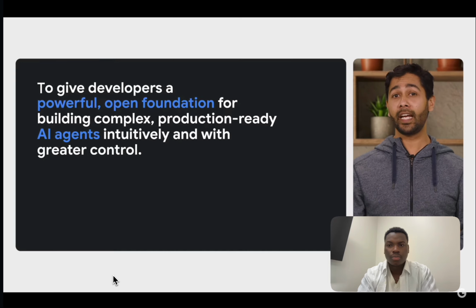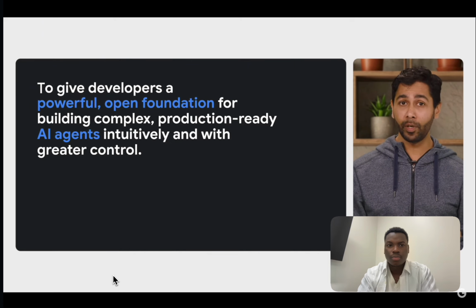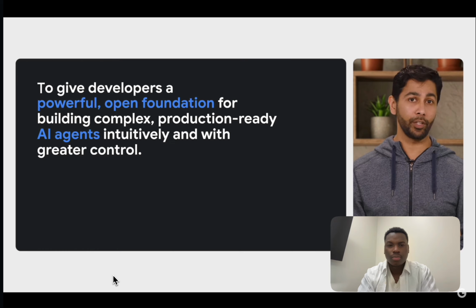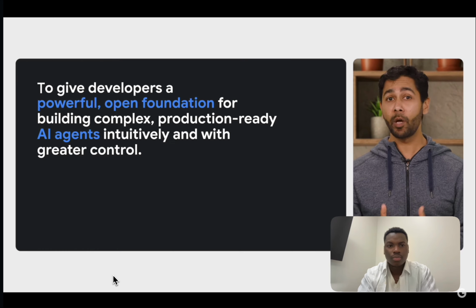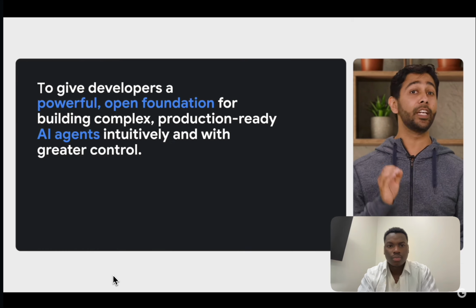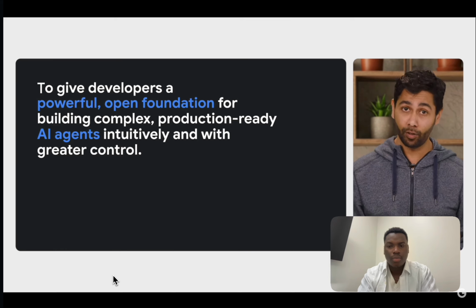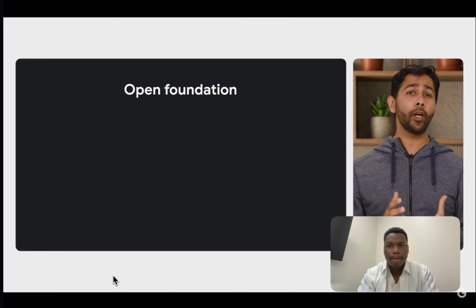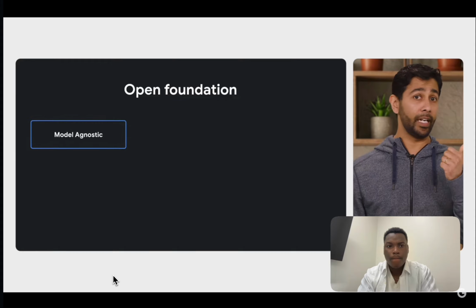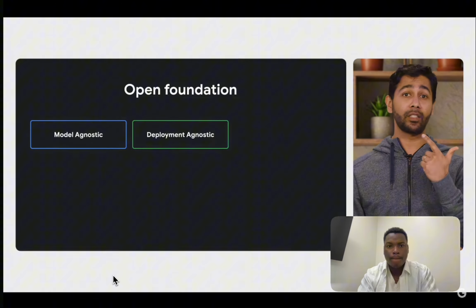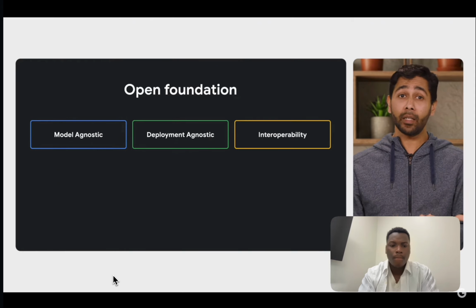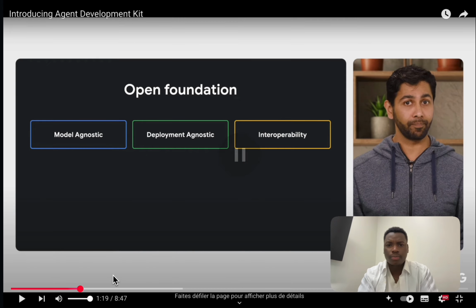Our goal with ADK is simple: to give developers a powerful open foundation for building complex, production-ready AI agents intuitively and with greater control. To us, a truly open foundation means it is model agnostic, deployment agnostic, and built for interoperability.